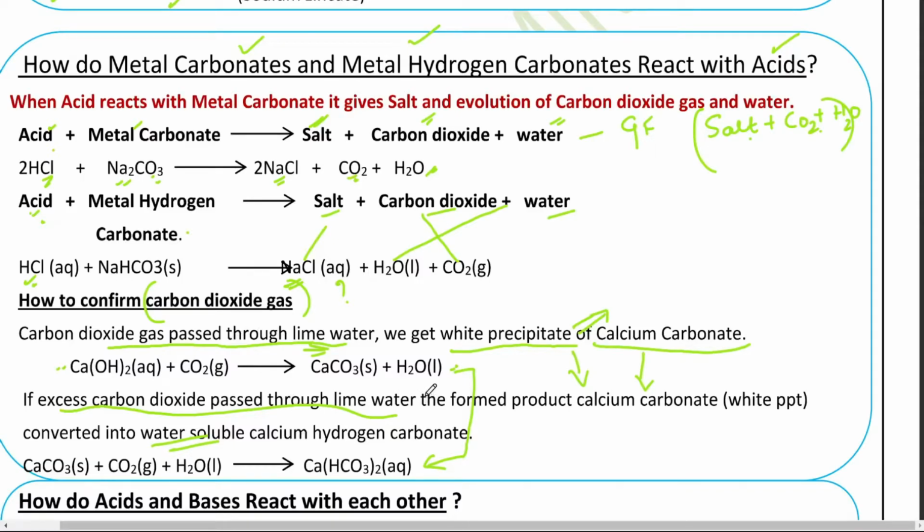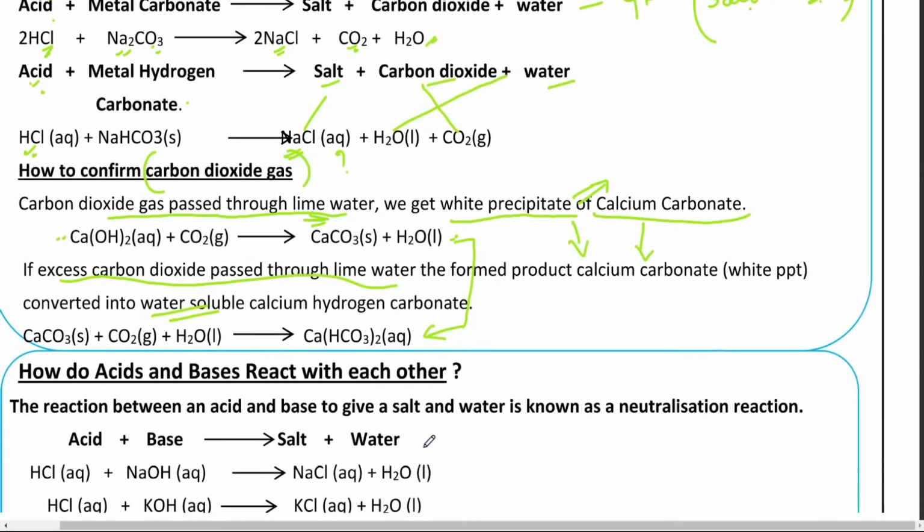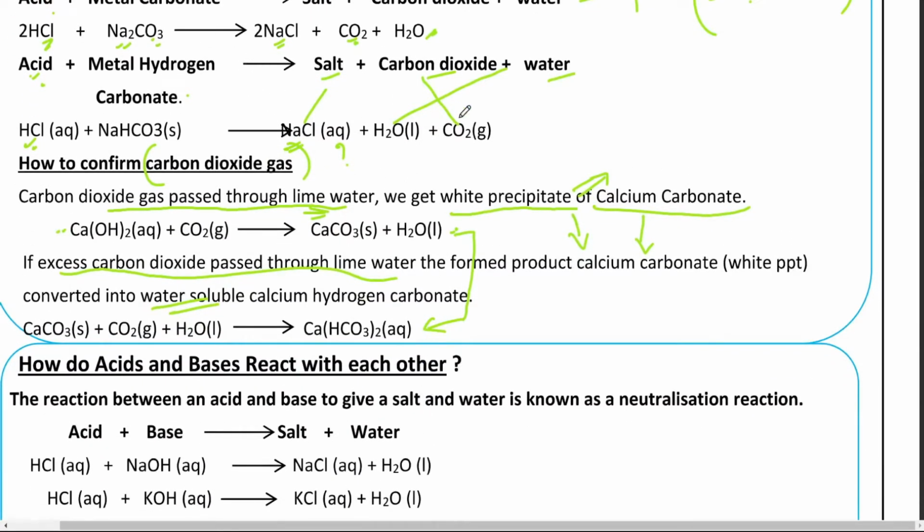Now next, moving on to how acids and bases react with each other. Until now we learned how acid reacts with the base, how acid reacts with the metal, how base reacts with the metal, how acid reacts with the metal carbonate, and how acid reacts with the metal hydrogen carbonate.